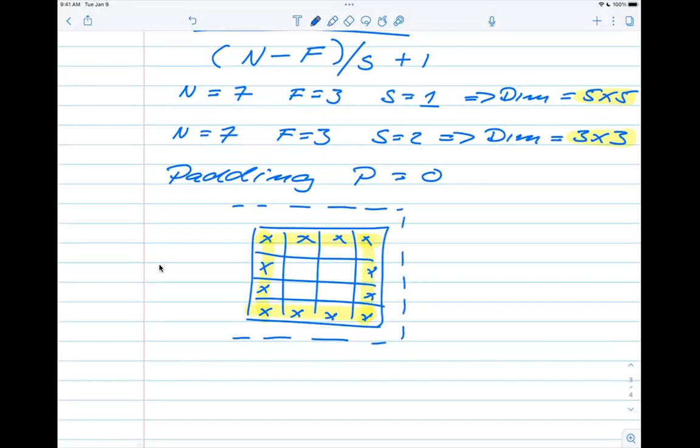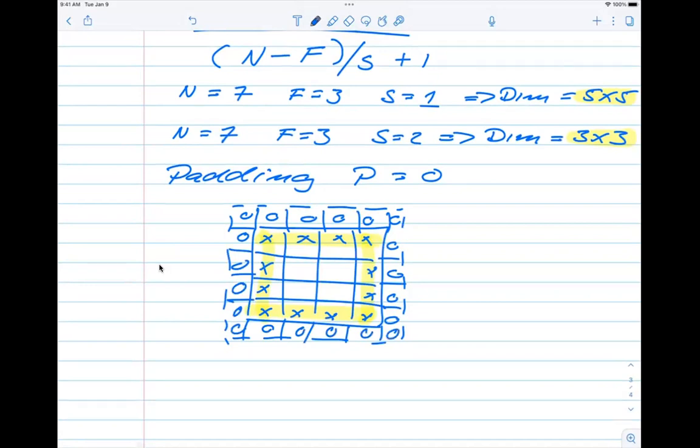You can have a larger padding if you want to, but it's common to just have a padding equal to 1. That means that you plug in zeros here. And then you perform the convolution of this extended matrix. By doing that, you will obviously have several zeros which appear.